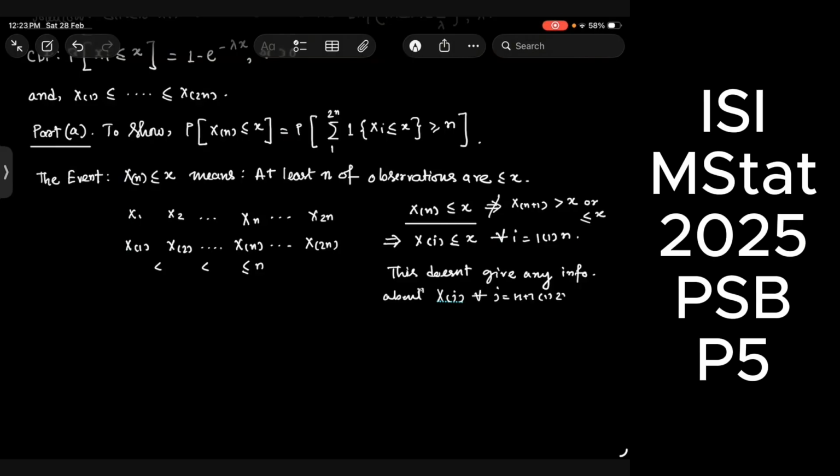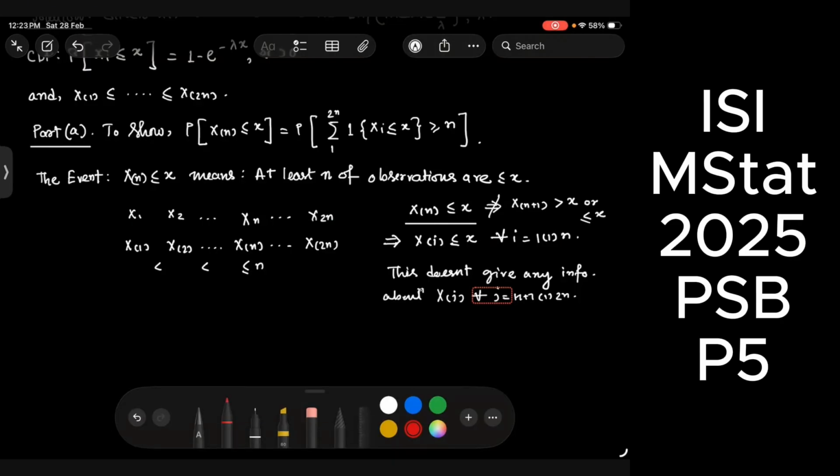Maybe for some j, x order j is less than or equal to x. So we have at least n observations. There can be more than that. Okay, now it's similar.